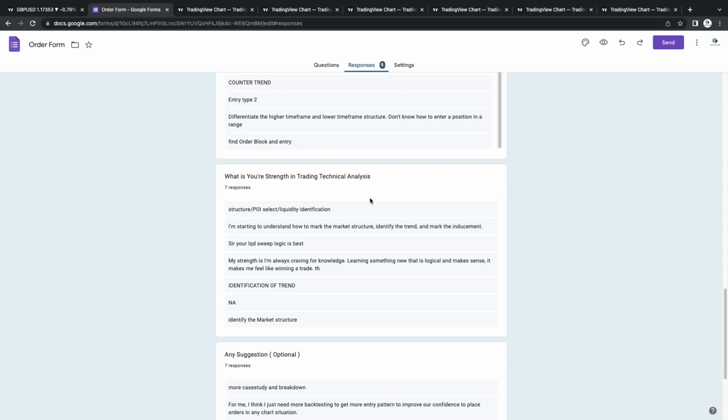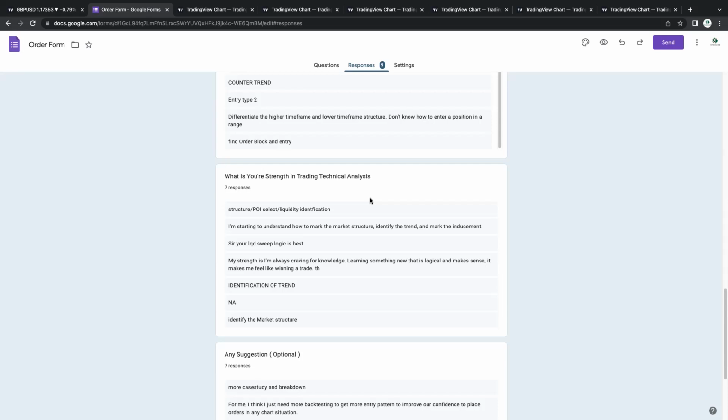Sir, your liquidity sweep logic is the best. Okay, great. As I mentioned already, entry type 3 mentions liquidity sweep. Liquidity sweep is a very high confirmation and a highly possible scenario that market is looking for the buy and sell after sweeping the liquidity.